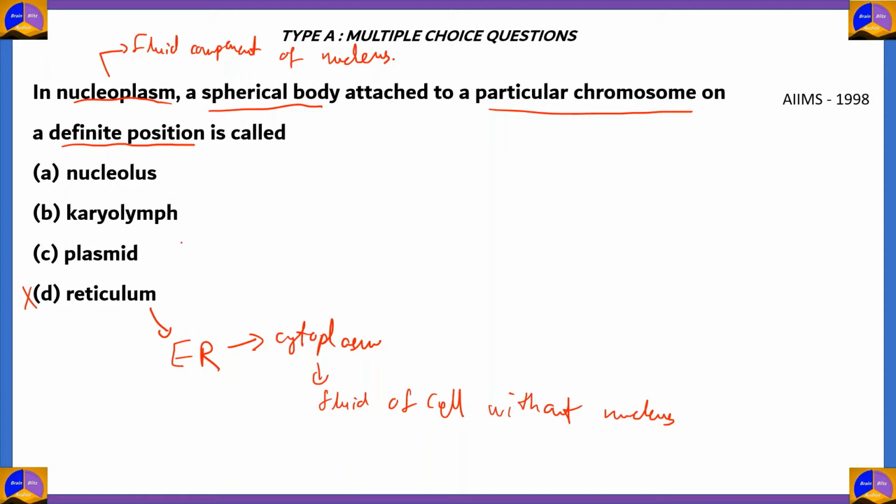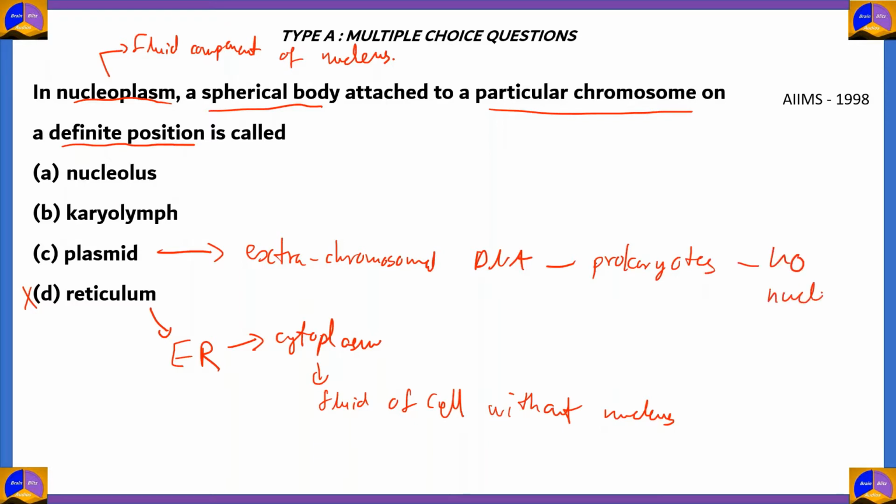What about option C, plasmid? Plasmid contains extrachromosomal DNA, and they are found in prokaryotes, which has no nucleoplasm. So therefore, we can conclude that option C is incorrect.